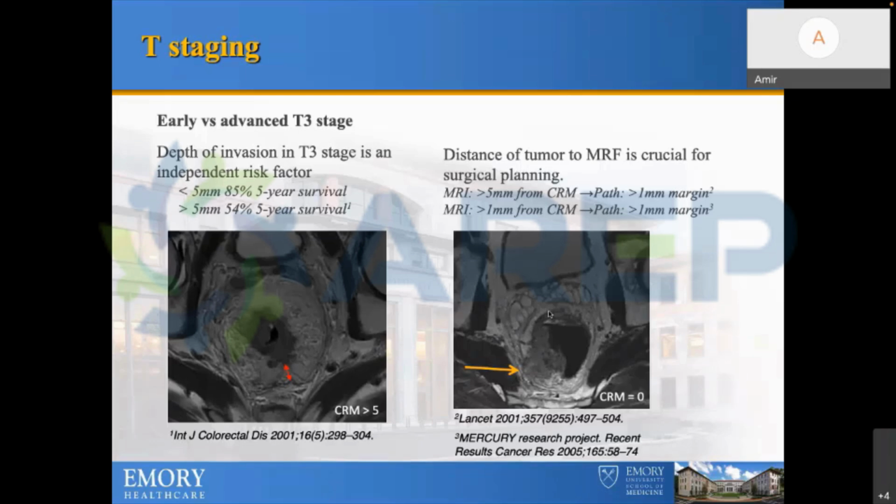But ultimately, at the end, we are not going to use a new T stage. We're just going to say either complete or near complete response, or incomplete response. So it's actually dual, either positive or negative, meaning you're just going to say this treatment was helpful or this treatment wasn't helpful.